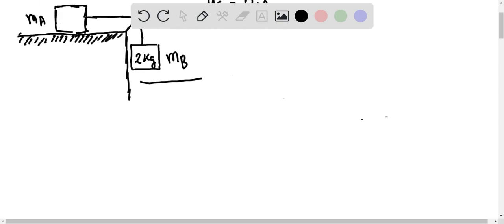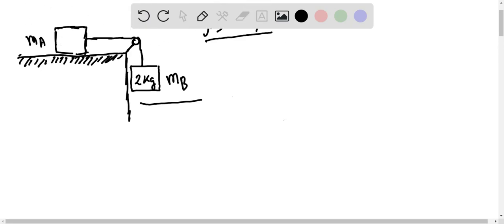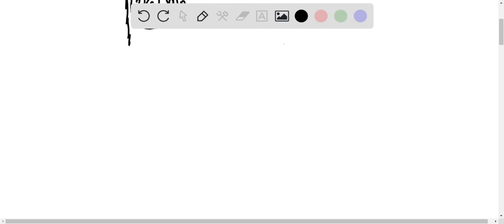So the first thing that we need to do in this kind of problems is to draw all the forces acting on each of these bodies. So for the block A, we have the following.